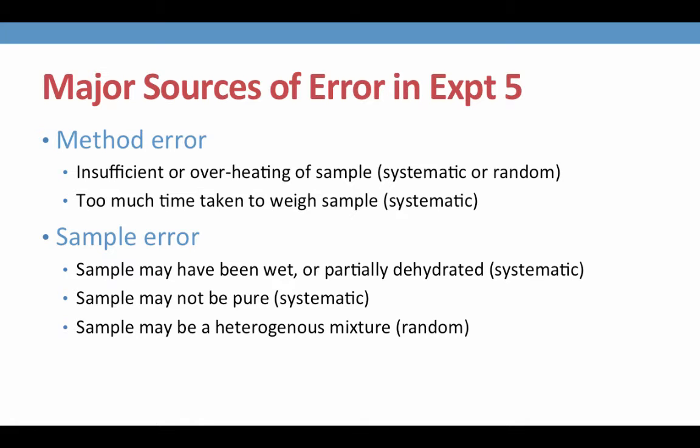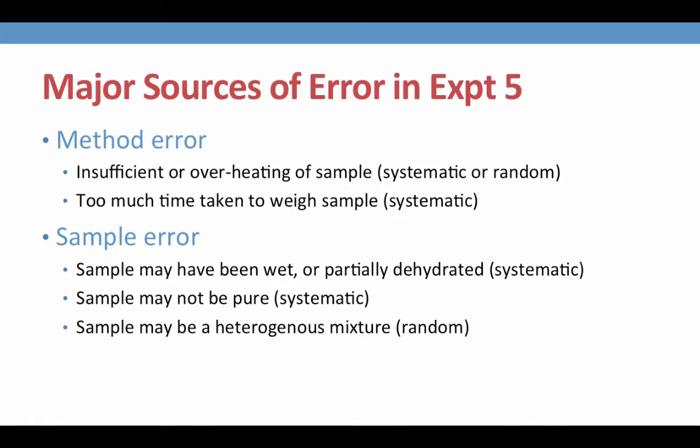Sample error comes from how your hydrate was presented to you at the beginning of this lab. Perhaps it was overly wet, or a little bit dehydrated already. Perhaps your sample was not pure and contaminated with either a little bit of the anhydrous form of the salt or another salt entirely.